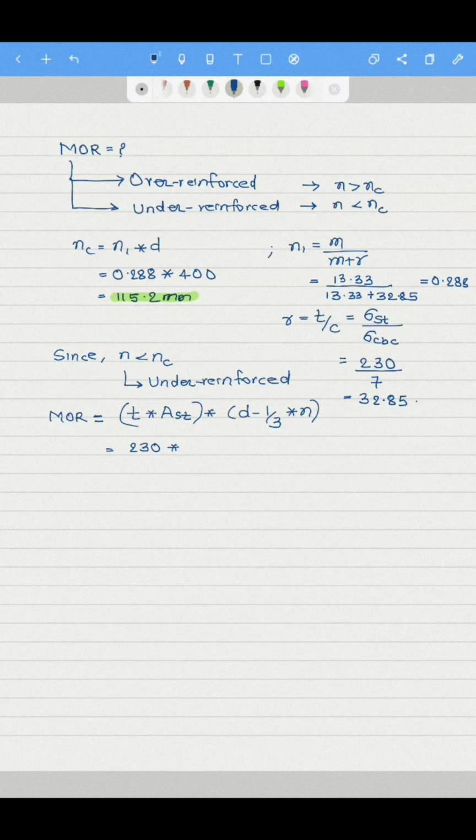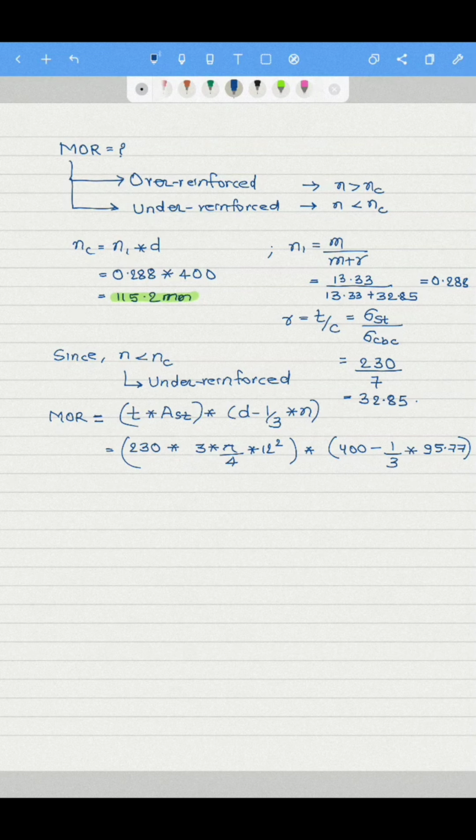That means again the same, 3 times pi d square by 4, where d square means 12 square, into d, that means 400 minus 1/3 of n, that is 95.77.